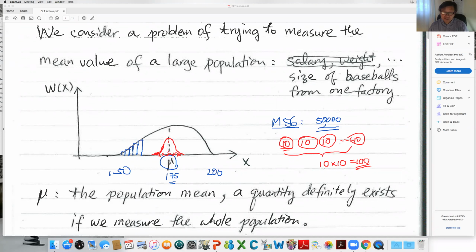Every time I have 10, I do it 10 times, I multiply by 10, so in total I have counted only 100 people.